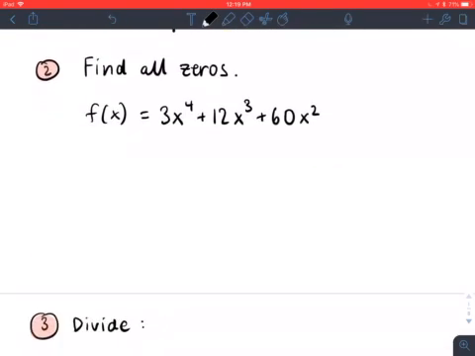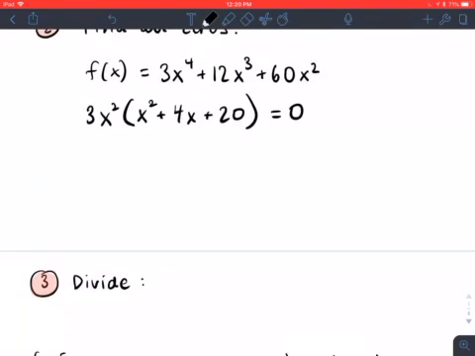For the next problem, we have f of x equals 3x to the 4th plus 12x cubed plus 60x squared. We will factor this as 3x squared times (x squared plus 4x plus 20). And this is set equal to 0 because we are trying to find the zeros.